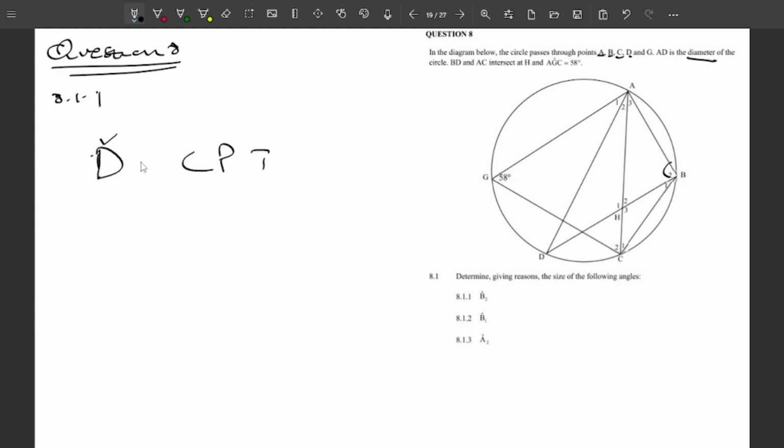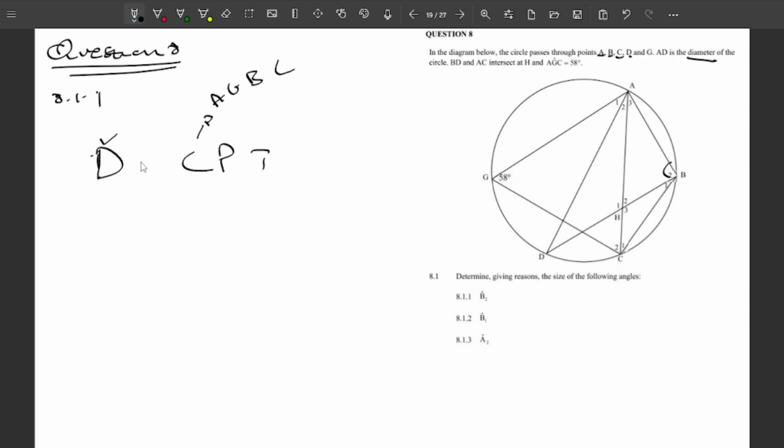Do we have a cyclic quad? Yes, remember that a cyclic quad is a quad that has all of its 4 points touching the circumference, to say it quite correctly. And that cyclic quad is AGBC.